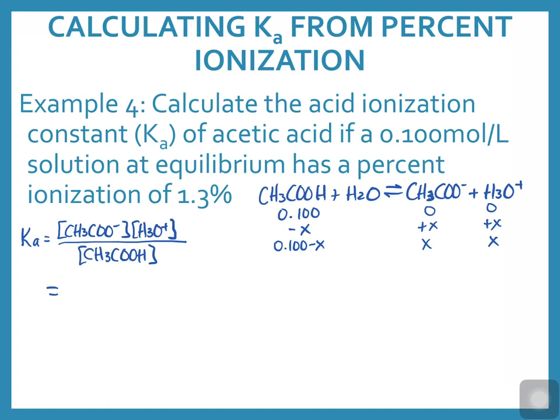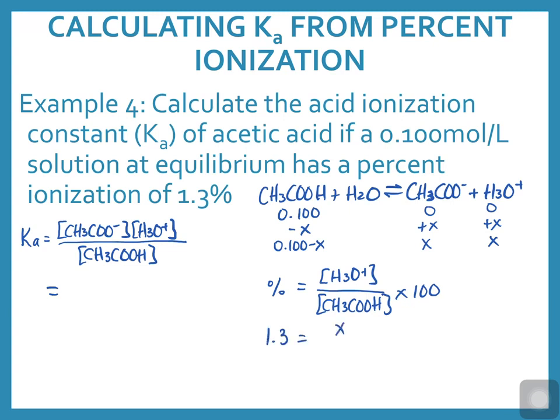And I don't know yet what those values are, but what I do know is percent ionization equals my hydronium ion concentration over my ethanoic acid concentration times 100. And the percent was 1.3.